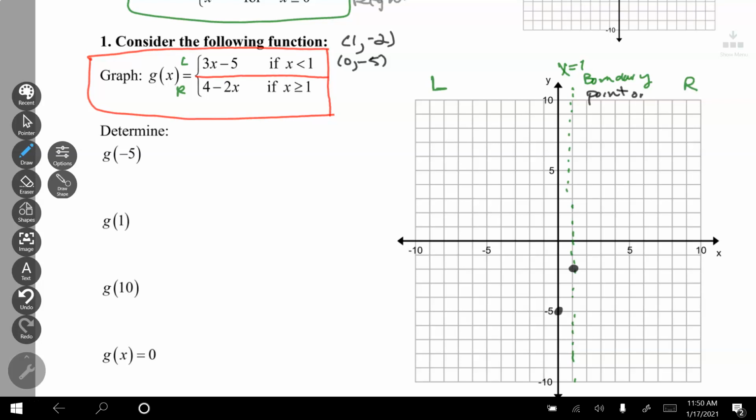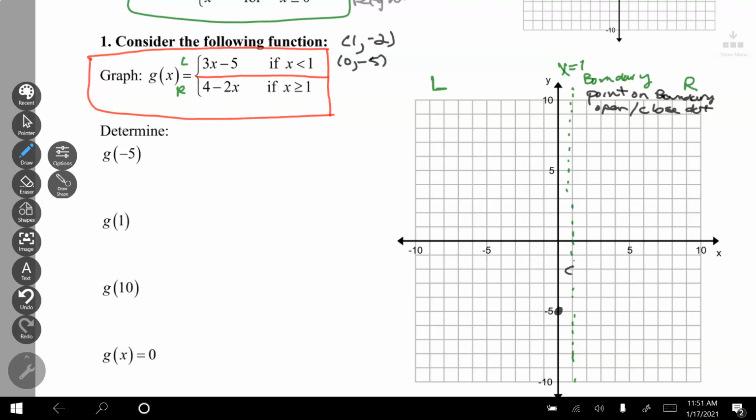But because this point is on the boundary, a point on the boundary could be an open or closed dot depending on what's given to us. If we look carefully, this says x is less than 1, so I never really use 1. I get really close to 1. So the point (1, -2) should not be a closed dot. It should be an open dot.